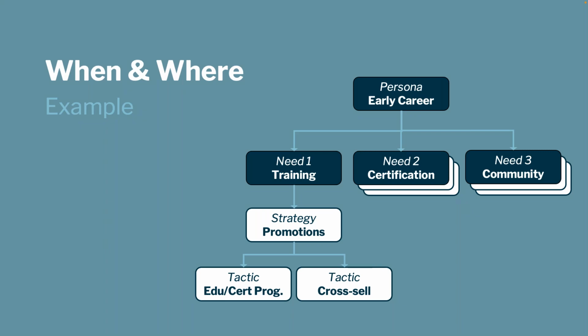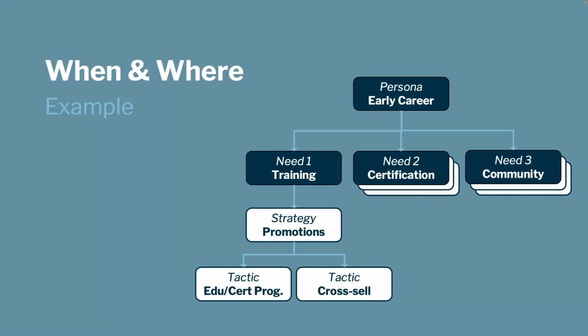So what we did was, for that first need, for training, we identified what strategy we would use to fulfill that need. And in this case, it was promotions. So we've determined up to this point that via personalization, we are going to feed promotions to an early career doctor to support their training needs.